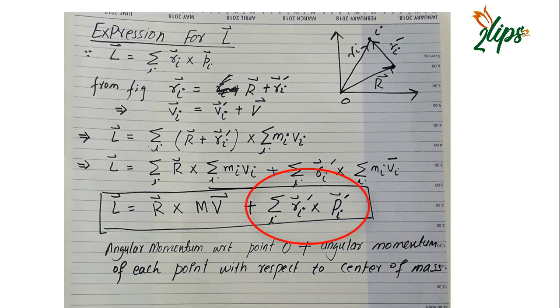It is not with respect to point O. So if we need to find the angular momentum of a system of particles, all we have to do is find the angular momentum of the center of mass with respect to our point, and then find the angular momentum of each and every particle with respect to the center of mass. For individual particles, we don't need to find the angular momentum with respect to point O. So this is an expression for the angular momentum of a system of particles.